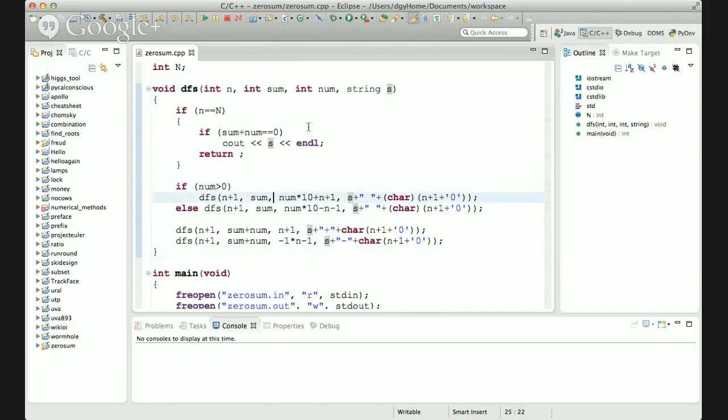Our order is space, plus, and minus, searching in this way. Searching in this way will give you the right answer, with an increasing order in the ASCII order of the string.